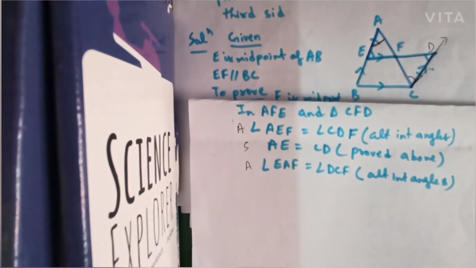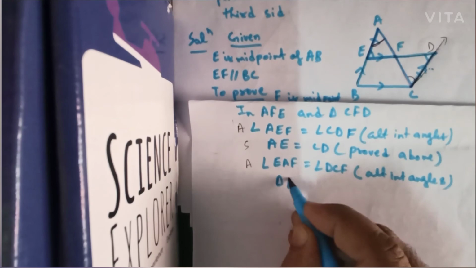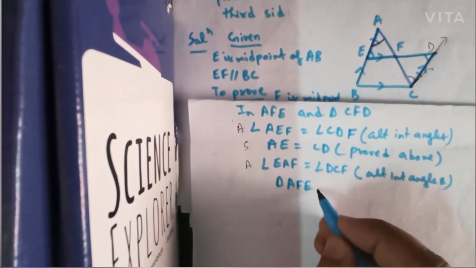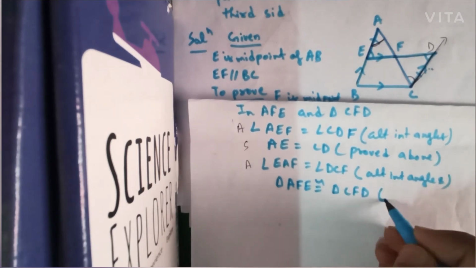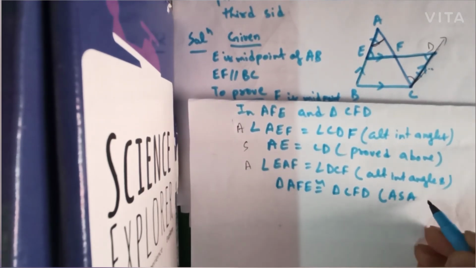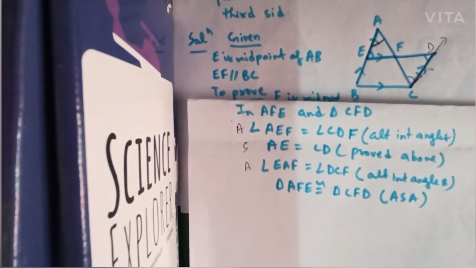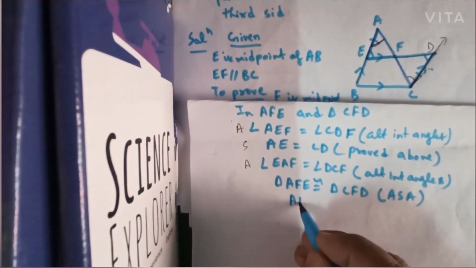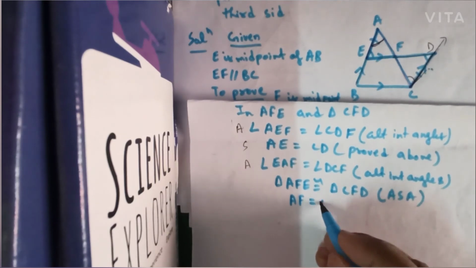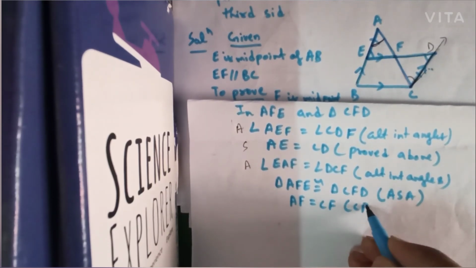Triangle AFE is congruent to triangle CFD by angle side angle congruence. And if this is so, then AF will be equal to CF by CPCT.